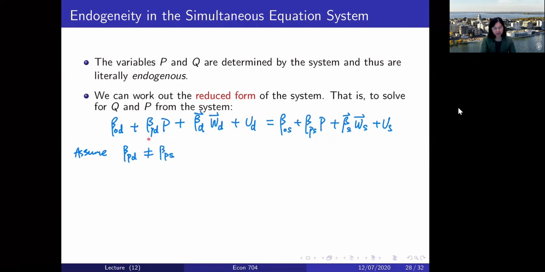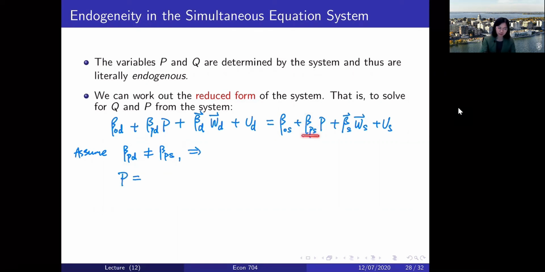Typically, beta PD, how demand responds to P, is negative, and beta PS, how supply responds to P, is typically positive. So it's not too outrageous to assume that they are not the same. They typically do not even have the same sign. Assume that is the case, then we can solve for P.